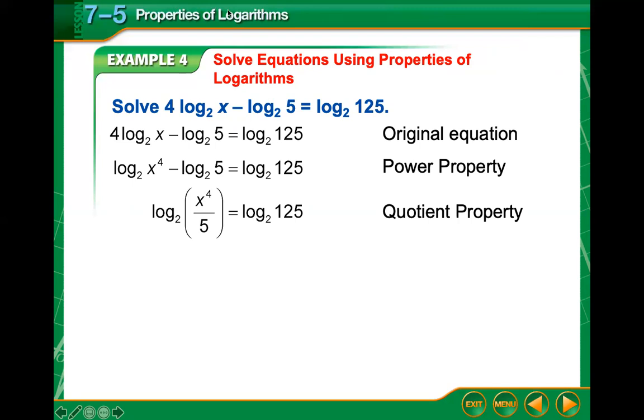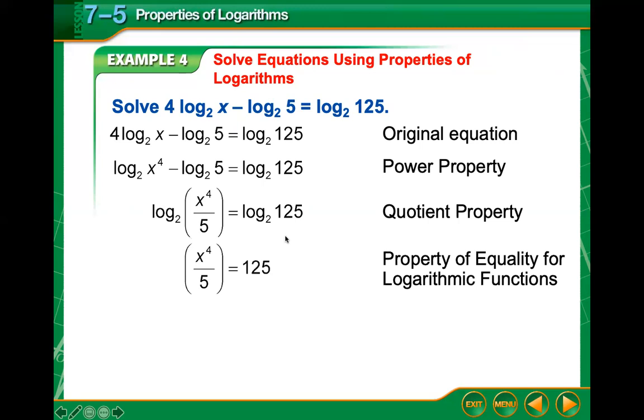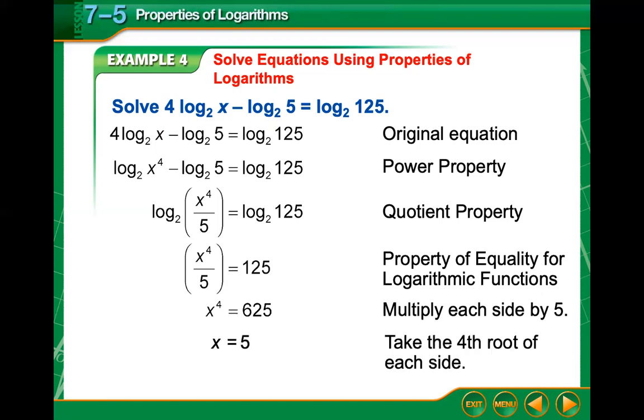With the quotient property, we have log base 2 of x to the 4th over 5. Using the property of equality of logarithms, we set x to the 4th over 5 equal to 125 and solve for x that way. I would start by multiplying by 5, and then take the 4th root of both sides, and we would get 5.